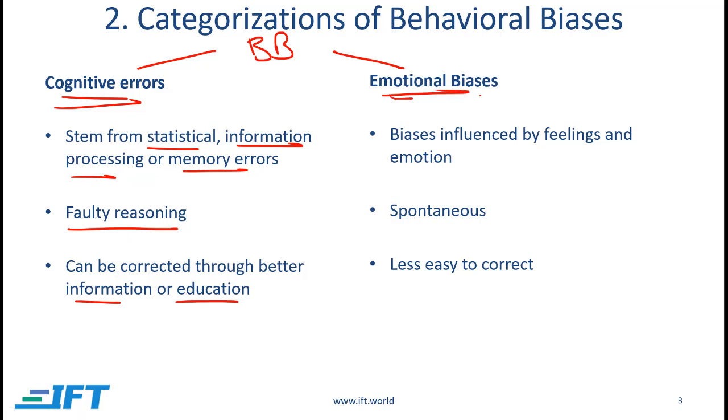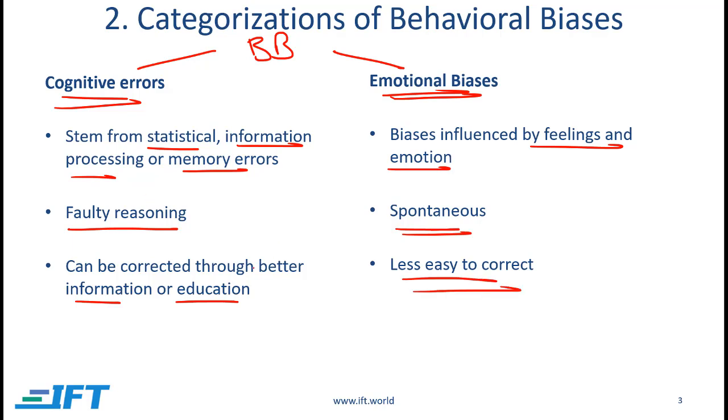On the other hand, emotional biases are biases which are influenced by feelings and emotions. Here, people tend to be acting spontaneously. So rather than acting based on proper information and proper logic, if people are acting spontaneously, then those sorts of biases would fall under emotional biases. Given that these biases are driven by feelings and emotions, they are less easy to correct compared with cognitive errors.